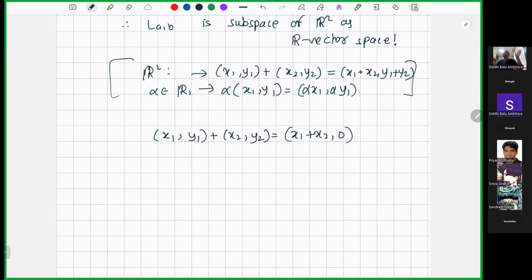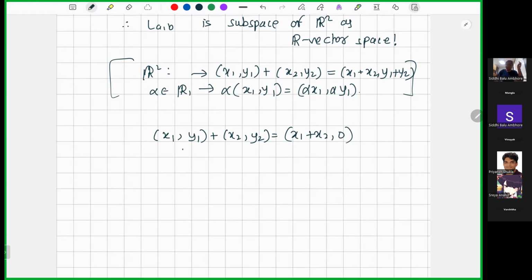This is my addition. And again, I will define alpha times x1, y1 to be alpha x1 comma 0. I'm defining the addition this way, and this is still a vector space.